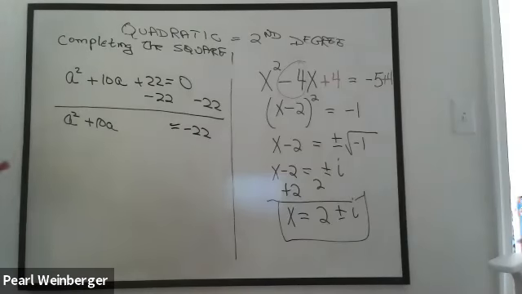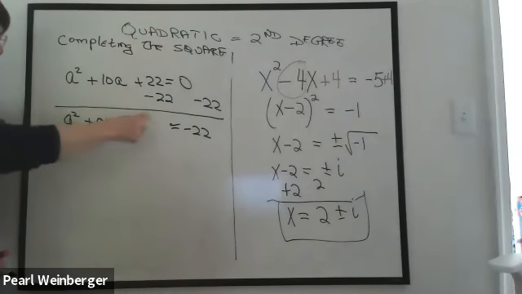I'm giving you a couple of minutes to think: what number should be added over here that'll make this into a trinomial that's a perfect square?